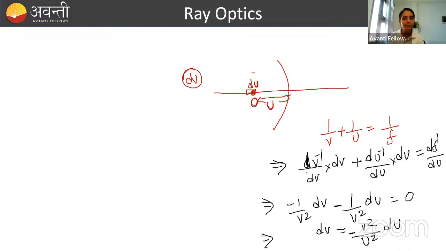This is the relation, right? So if you know du, you can calculate dv. If the linear dimension of the object is du, then the linear dimension of the image will be this, where u is this u.